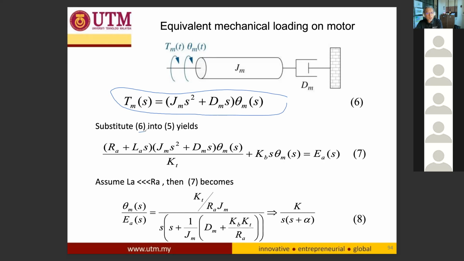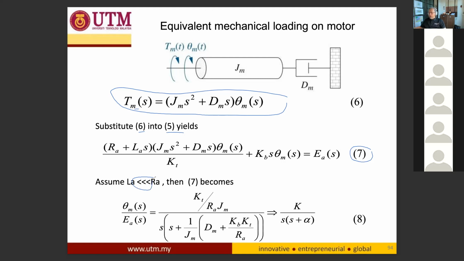And equation 6, we substitute into equation 5. So now the equation becomes bigger because we already include theta m, Tm, which is represented by equation 7. So in the armature circuit, usually the inductance La is very, very small.